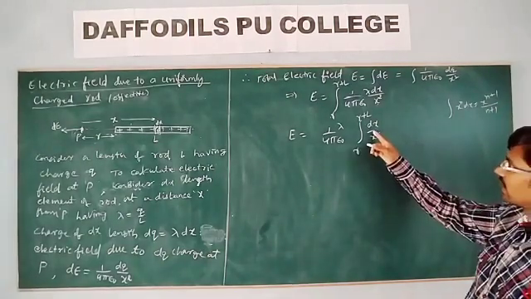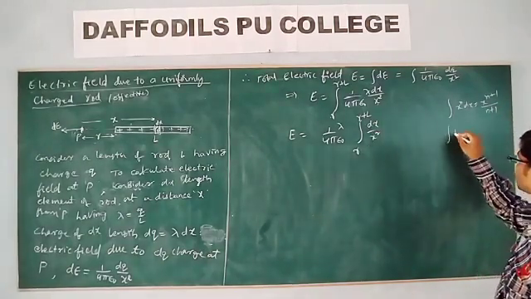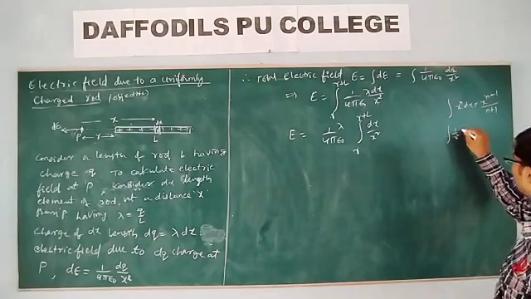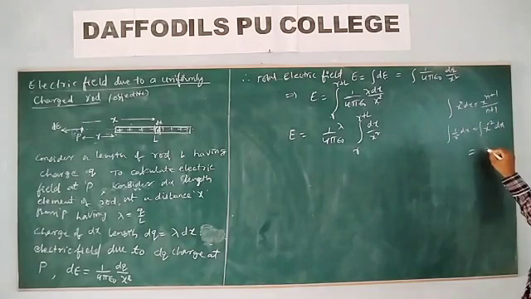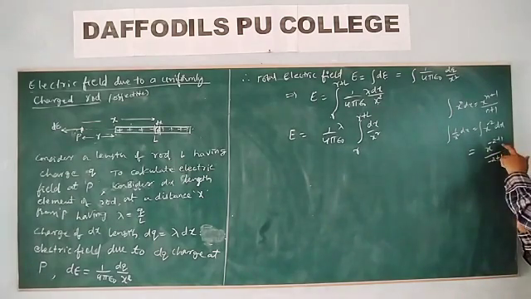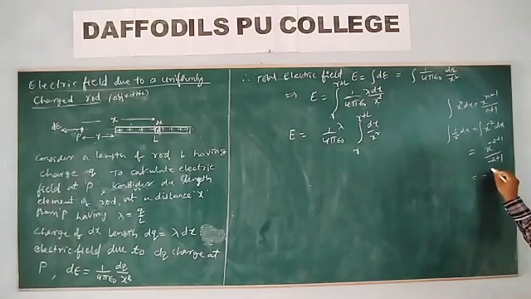So what can we write here? Integral 1 by x square dx, which is x power minus 2 dx. Then x power minus 2 plus 1 by minus 2 plus 1. X power minus 2 plus 1 means x power minus 1. Minus 2 plus 1 means minus 1.